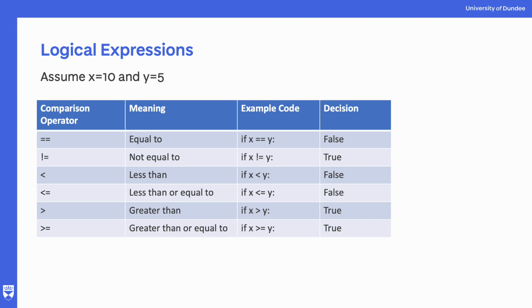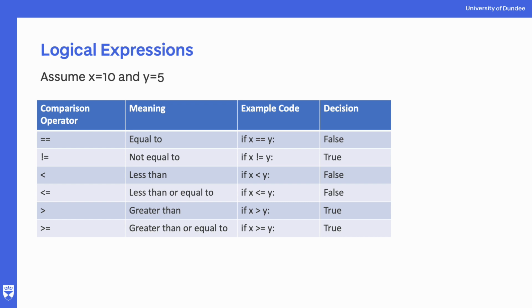There are quite a few different ways that we can express this logic. If we assume that x is 10 and y is 5, just to illustrate some of these, we have less than, greater than, less than or equal to, and greater than or equal to. If I say if x is less than y, what I'm actually saying is, is 10 less than 5?